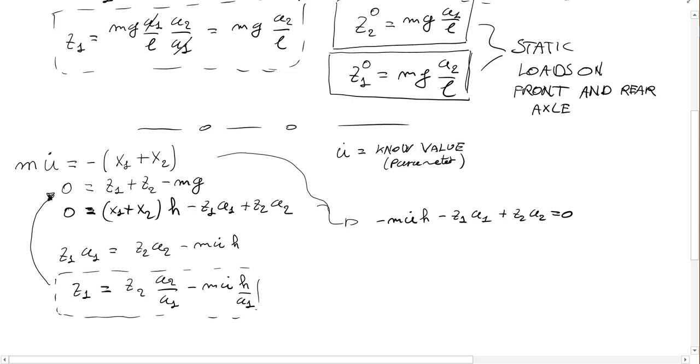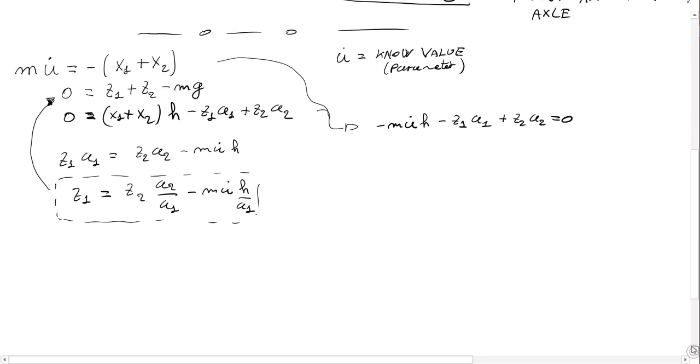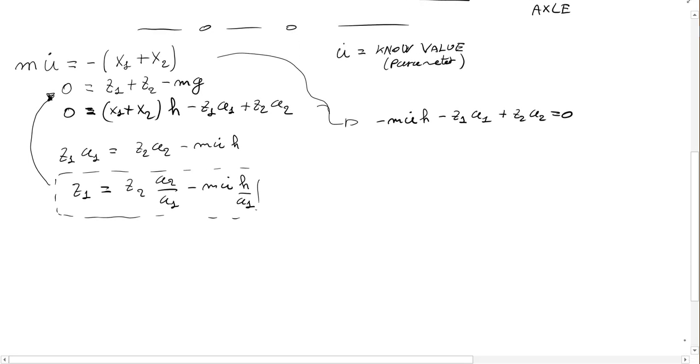What we obtain, let's write a little bit below, is z2 a2 over a1 minus m u dot h over a1 plus z2 minus mg equals 0.